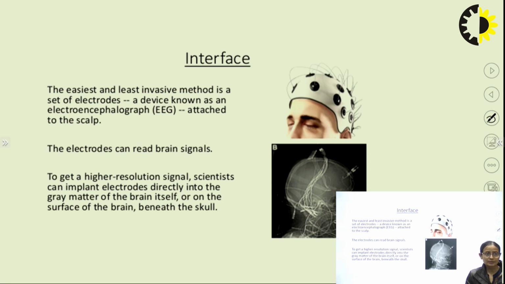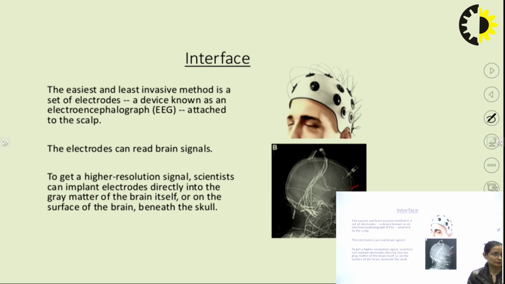The easiest and the least invasive method is a set of electrodes, a device known as EEG, that is electroencephalograph, attached to the scalp, as you can see in the figure. These electrodes read the brain signals. Here is the human brain and it is generating various kinds of signals.